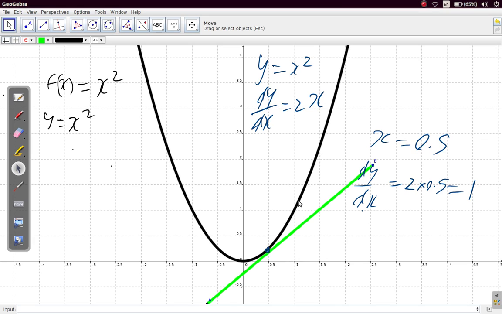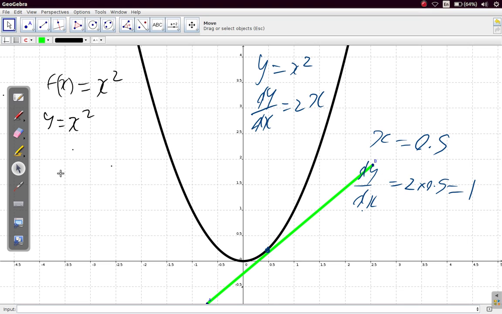And wherever you put your point, x equals 1.5, the gradient would be 2 times 1.5, which is 3. If you choose x is equal to 2, the gradient of the curve y equals x squared would be 2 times 2, which is 4, and so on and so forth. Alright?